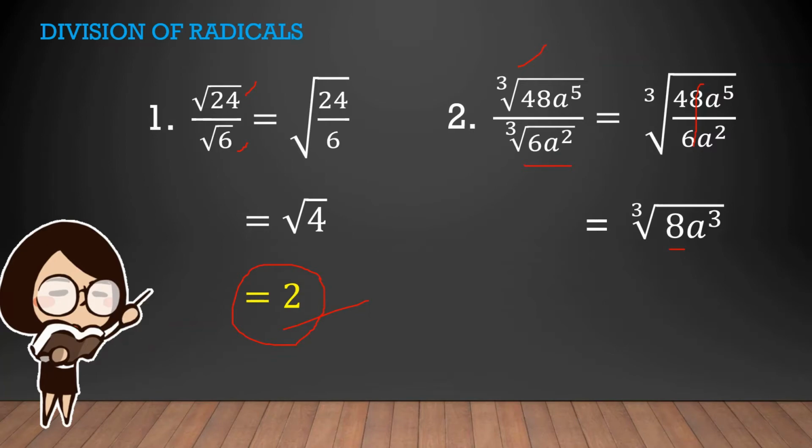And a raised to 5 divided by a squared is a cube. So that we have cube root of 8a cube, and we have the perfect cube. So the cube root of 8 is 2, and the cube root of a cube is a. So the final answer is 2a.